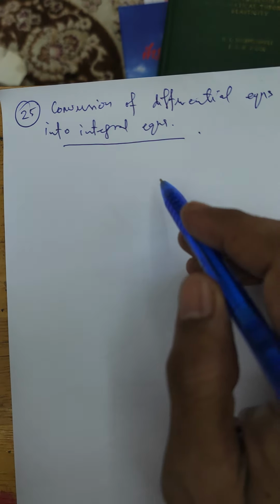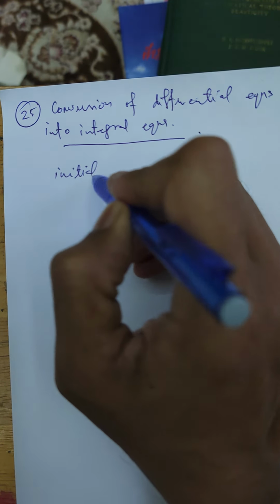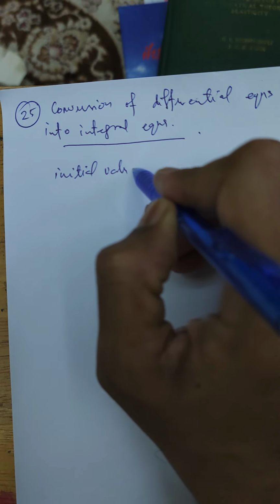All right. For the beginning, how do we distinguish between an initial value problem and a boundary value problem? What is the difference between these things?